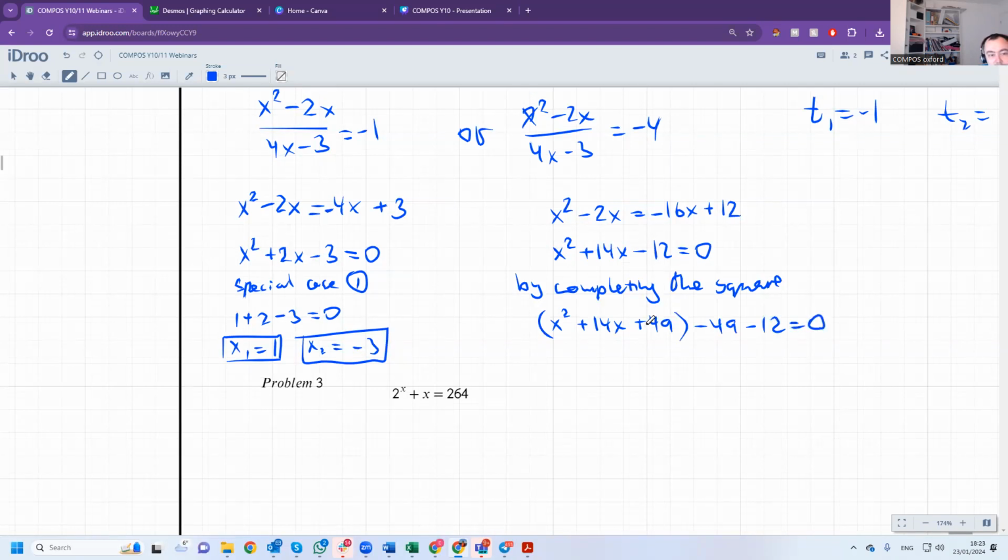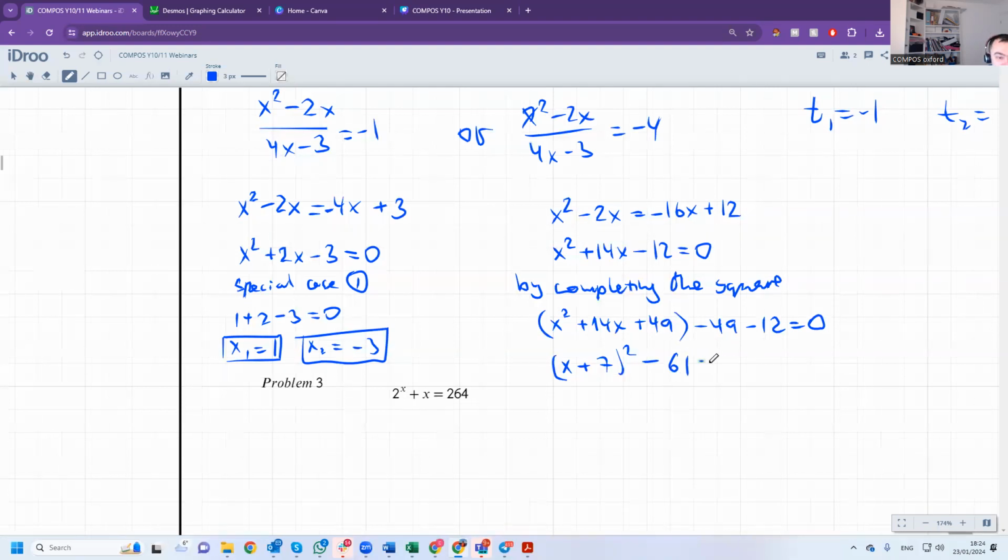So what I did here, I added 49 because that would make it a complete square. Then I did minus 49 because 49 minus 49 is 0. And then minus 12. And then this is x plus 7 squared. Minus 49 and 12, that's what, 61?